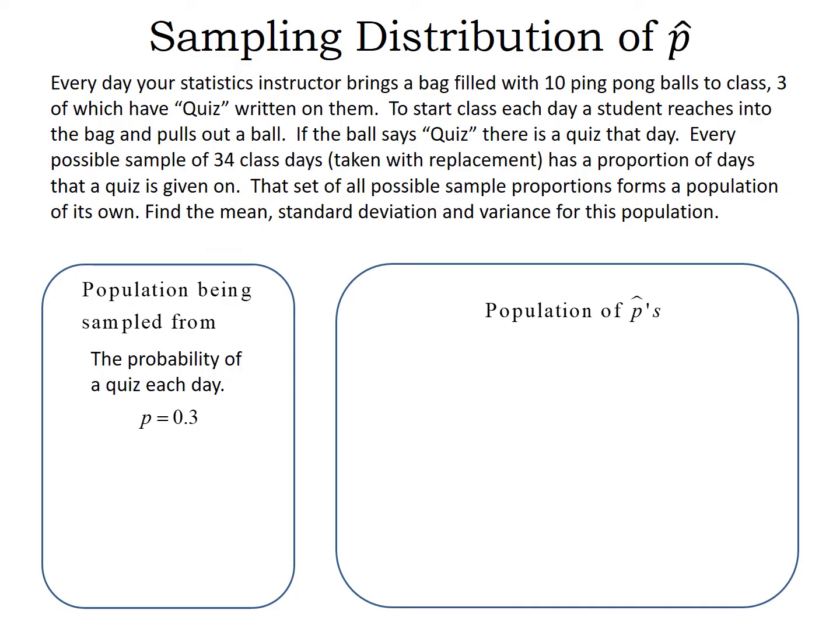Other groups of 34, you may have 18 out of 34 quizzes. All those different sample proportions together form a population. And the mean of that population is going to be the true probability of having a quiz each individual day, which is 0.3.